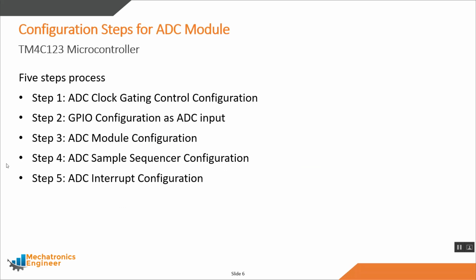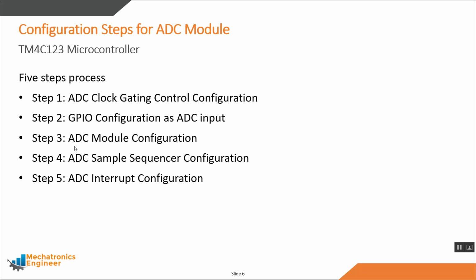So these are the configuration steps that are required in order to use the ADC module available on the microcontroller. We will discuss these configurations in 5 steps. In the first step, we will discuss the ADC clock gating control configuration. In step 2, we will discuss GPIO configuration for interfacing the analog input for the ADC.